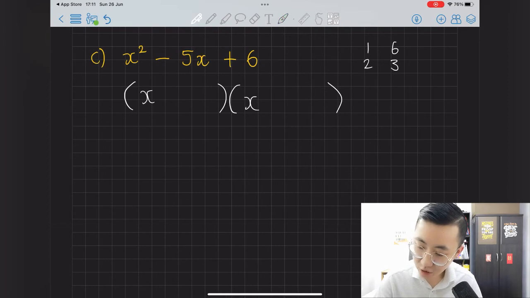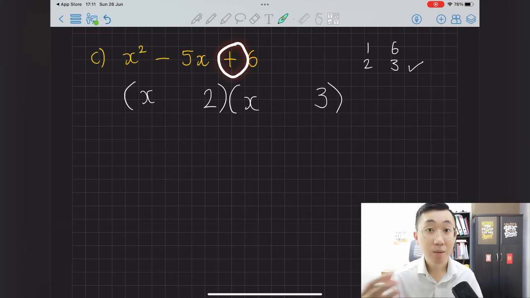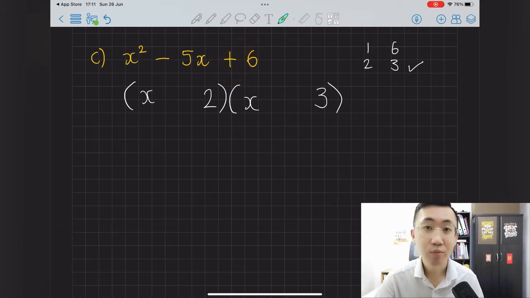I think this is going to be 2 and 3. Through practice, the teacher knew this is 2 and 3. Then check out the symbol at the back. If it is a positive, there are only 2 possibilities, either minus minus or plus plus. When I look at the value over here, it's a minus, so I suspect this to be minus and minus. So that's the final answer for this question.